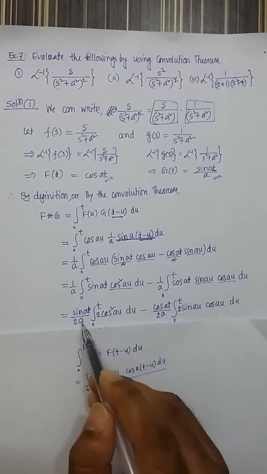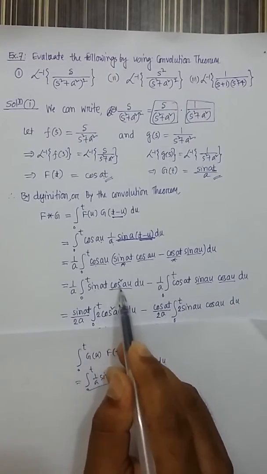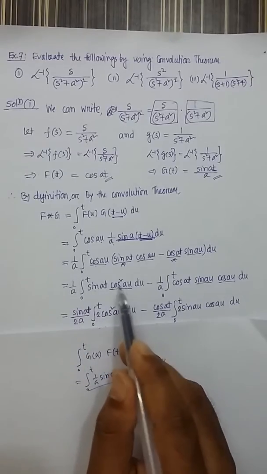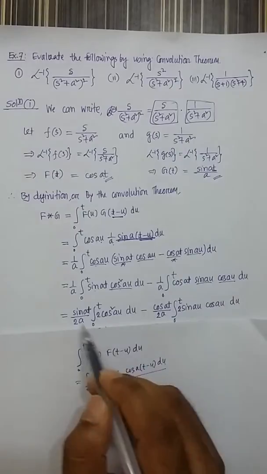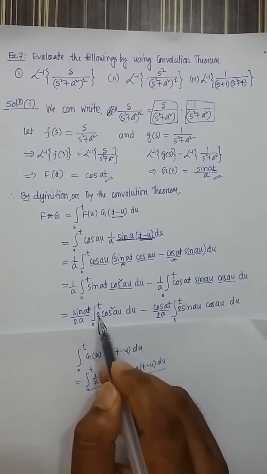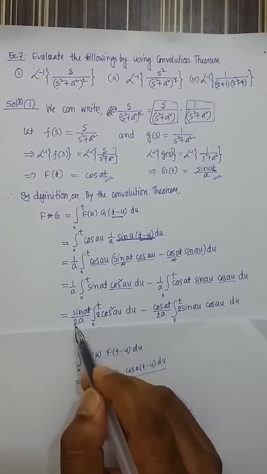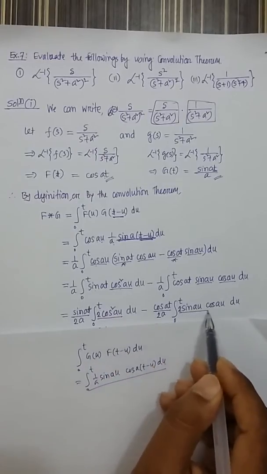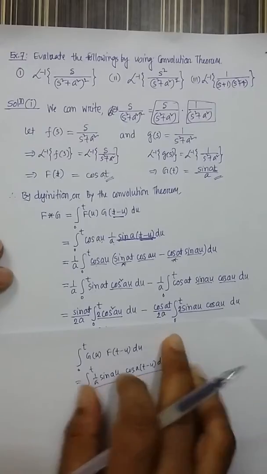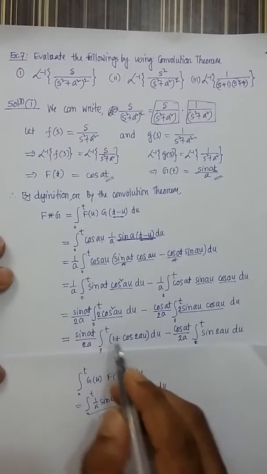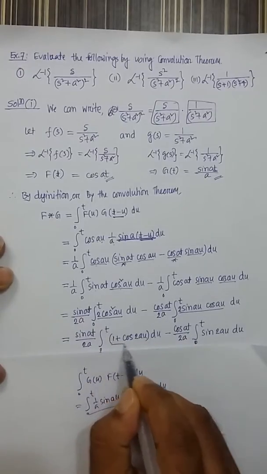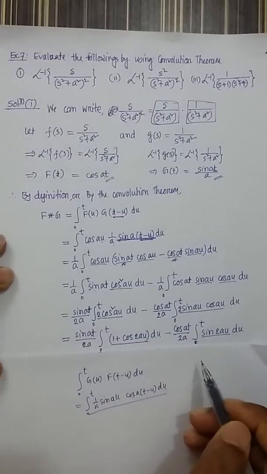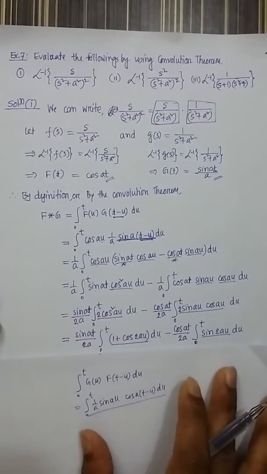We cannot integrate cos square directly, so we have taken 2 here and balanced it by dividing by 2. So this becomes 2 cos square au, and here 2 sin au cos au. We know that 2 cos square au means 1 plus cos 2au, and 2 sin au cos au means sin 2au.